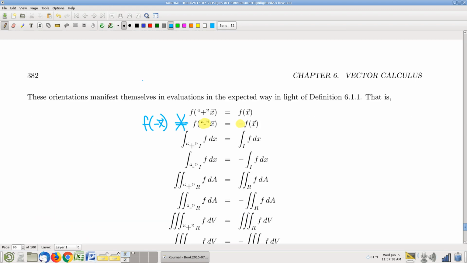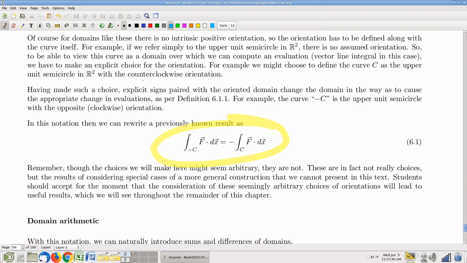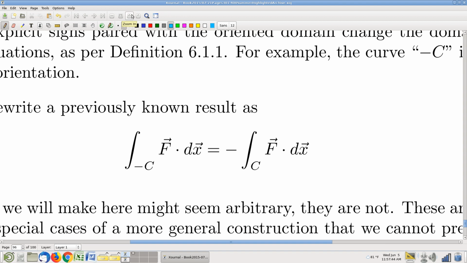Related to this, we're going to use this in notation. So I'm going to talk about line integrals over a curve, and then I might write a negative sign on the curve. Whenever you see something that looks like this, you're like, okay, this is not just a name of a curve. There's an additional minus sign.